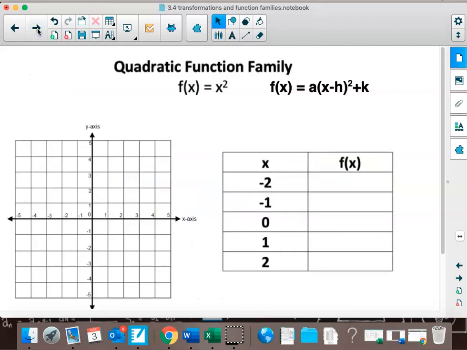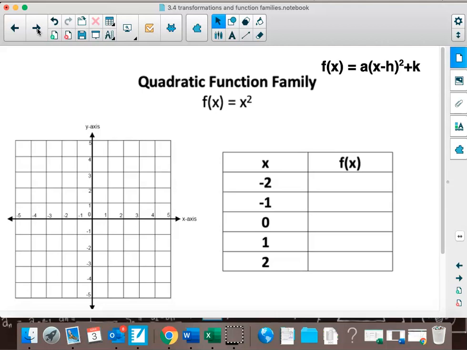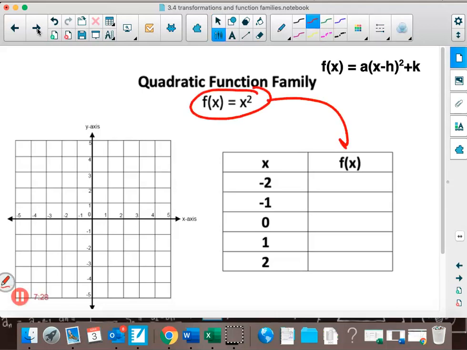Okay. I'm gonna introduce you to some new function families. We're gonna start with the quadratic function family. All we're gonna look at today is f of x equals x squared. What I'd like you to do is take a minute and create a quick xy table for y equals x squared.